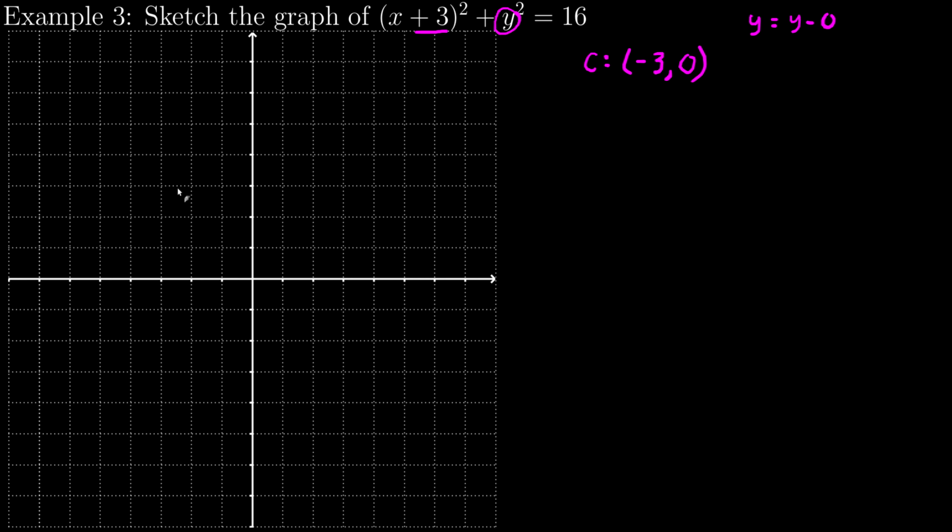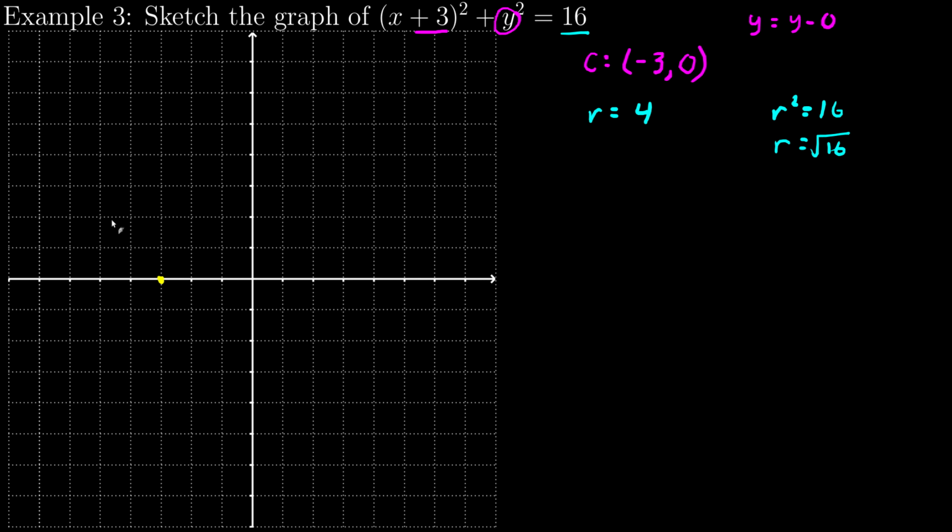I also notice this 16 right here. And so if r squared is 16, that means r will be the square root of 16. So my radius will be 4. And I can take this information, plot my center at (-3, 0). That center is not technically part of the circle, but it's helpful to see where I'm going.